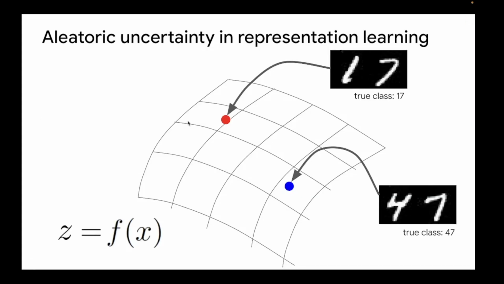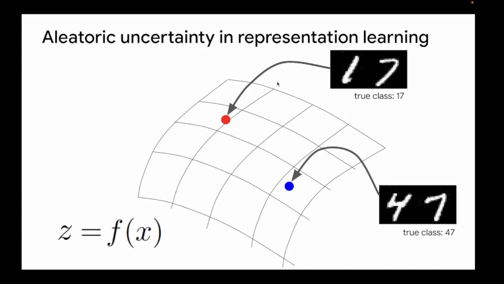I'm going to talk about aleatoric uncertainty for this kind of representation learning. Why do we need that in the first place? So let's say we also say this is an embedding space. We say representation space, embedding space, feature space interchangeably, okay? So f is a function that maps from the input to some feature space.